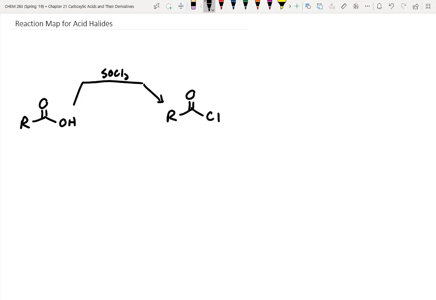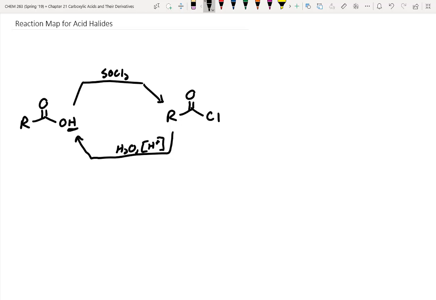SOCl2, right? All right, and then how would I go backwards? We could use NaOH or just water in this case. We don't even need a super strong nucleophile. So water would work well here. Normally, though, we want to ensure that we have this final proton off the very end. So oftentimes you'll see water and some sort of acid source. So really just dilute acid will accomplish this to ensure that it's protonated at the end.